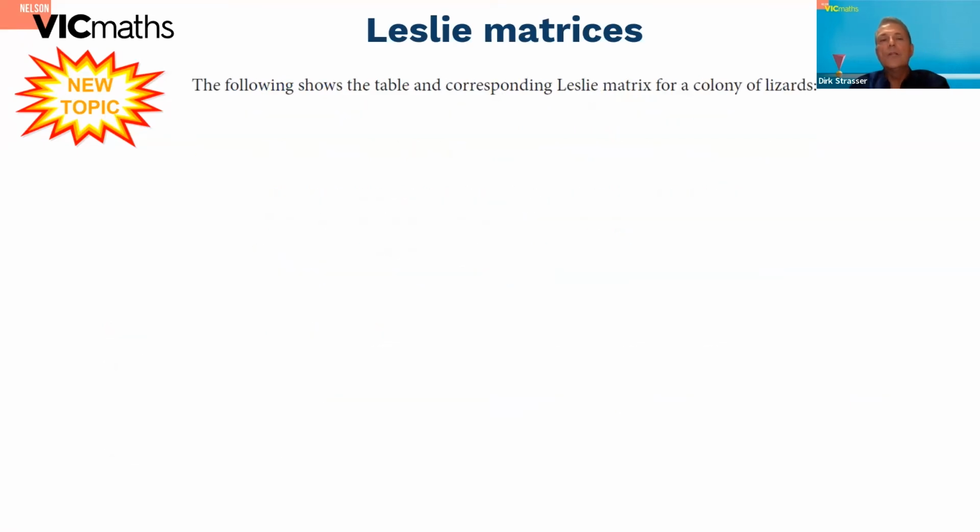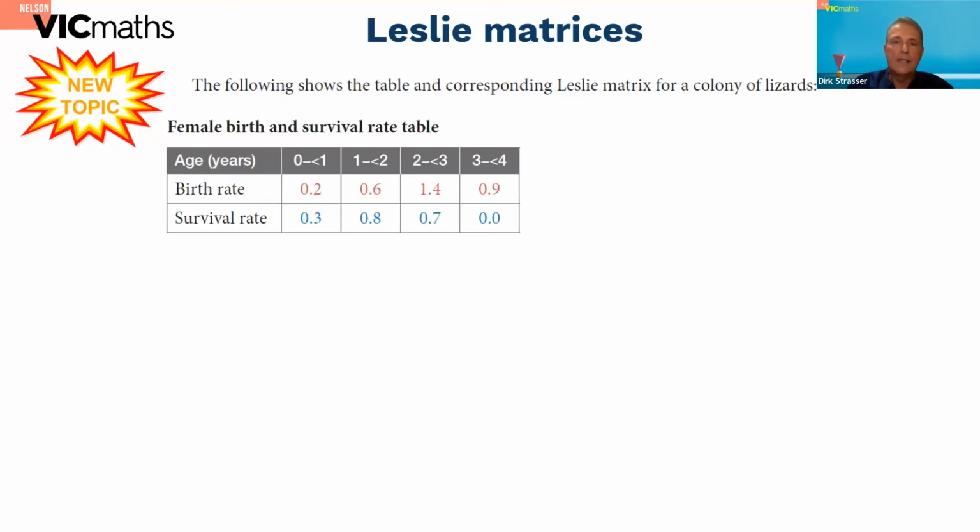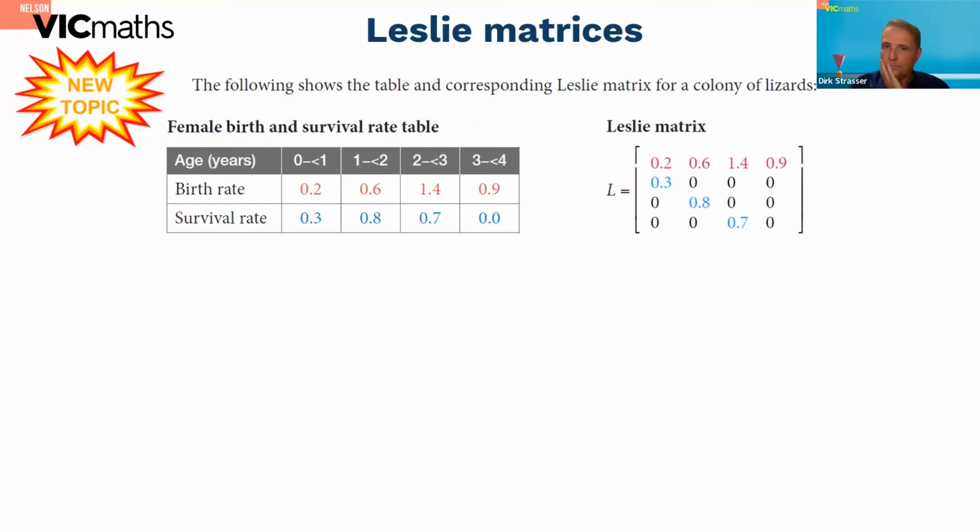The following shows the table and corresponding Leslie matrix for a colony of lizards. So this is an example. This is the female birth and survival rate table for the lizards. So you've got a birth rate attached to each group and a survival rate. I'll show you the corresponding Leslie matrix that shows that information.